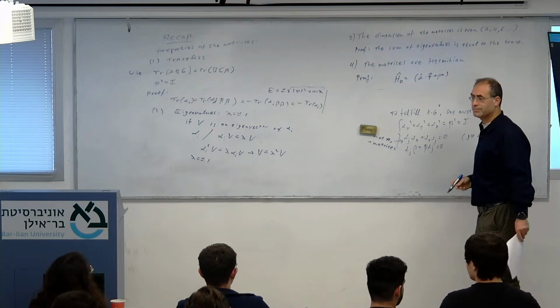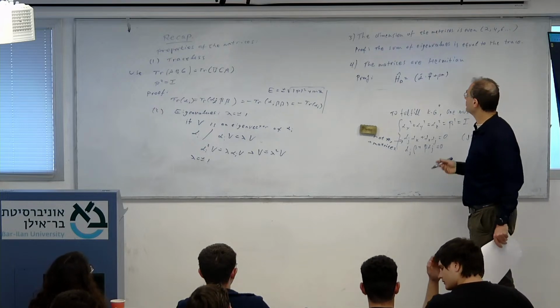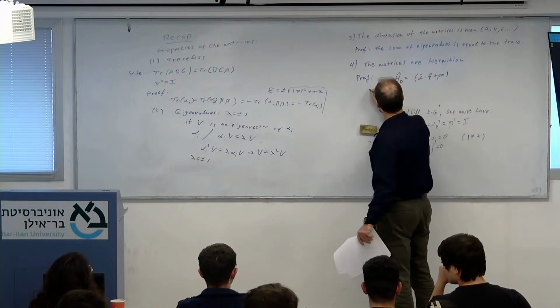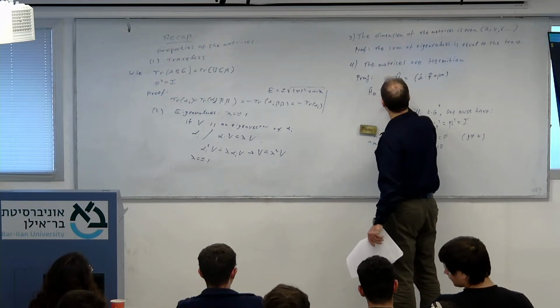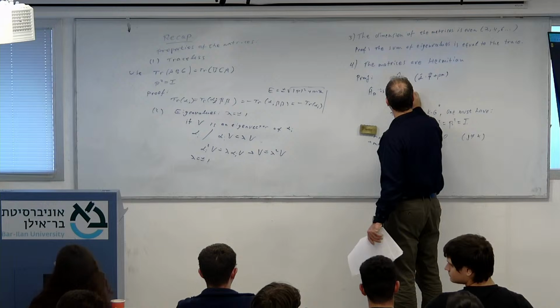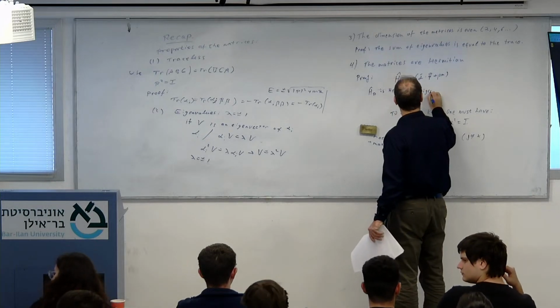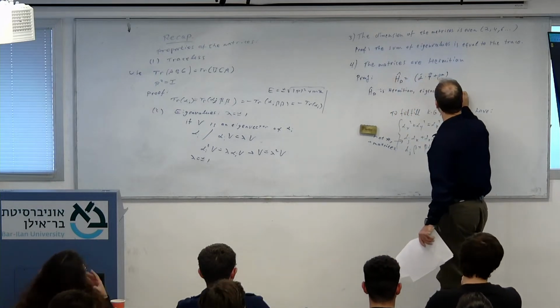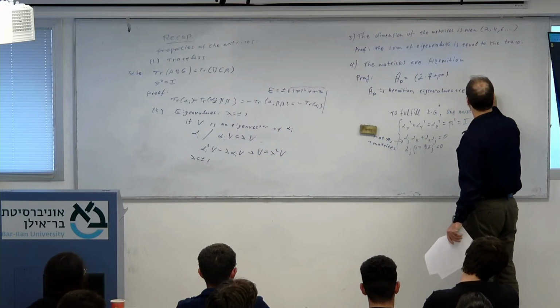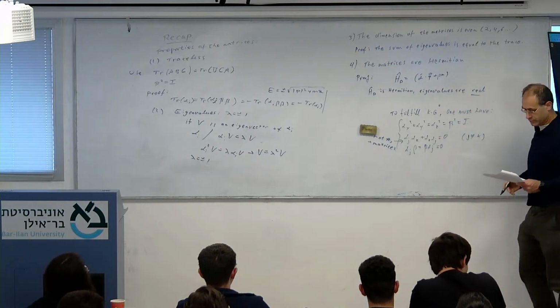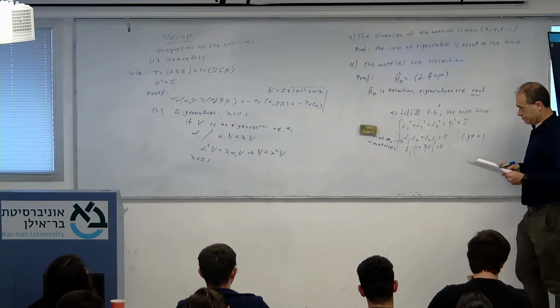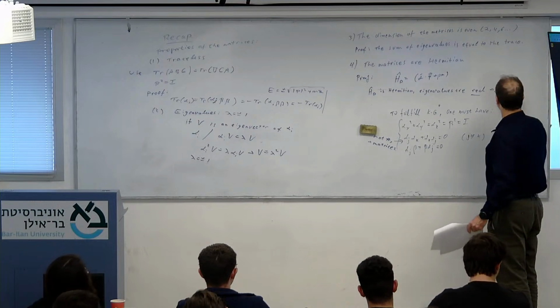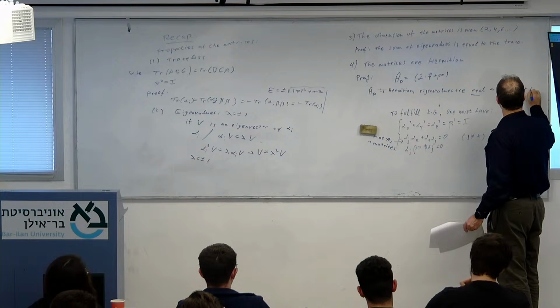The eigenvalues are real, right? So the Hamiltonian H is Hermitian, and its eigenvalues are real. So that means that alpha j and beta must be Hermitian.